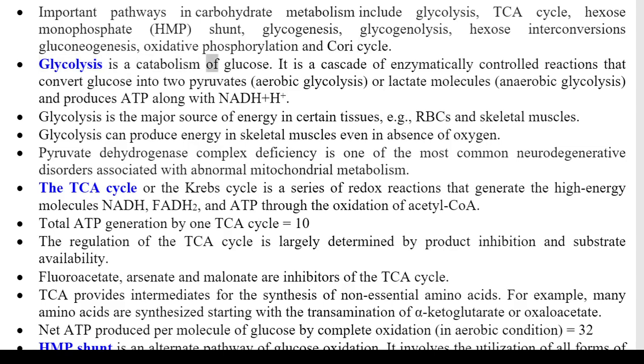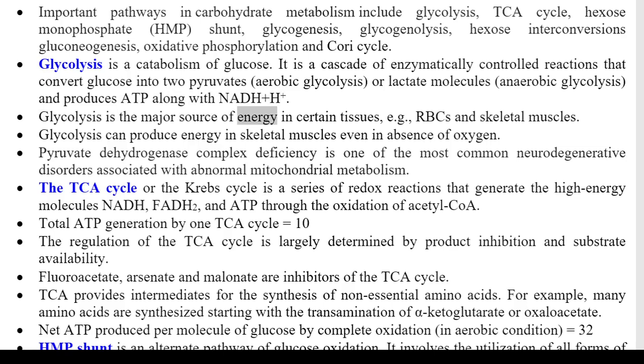Glycolysis is a catabolism of glucose. It is a cascade of enzymatically controlled reactions that convert glucose into 2 pyruvates (aerobic glycolysis) or lactate molecules (anaerobic glycolysis), and produces ATP along with NADH plus H+.